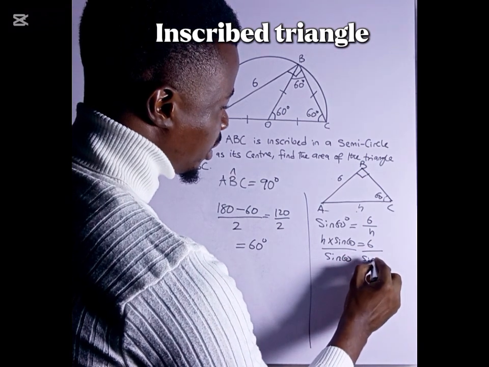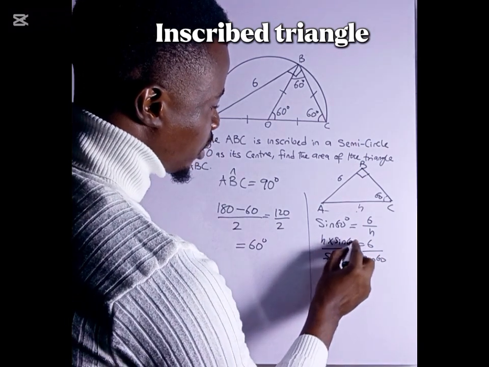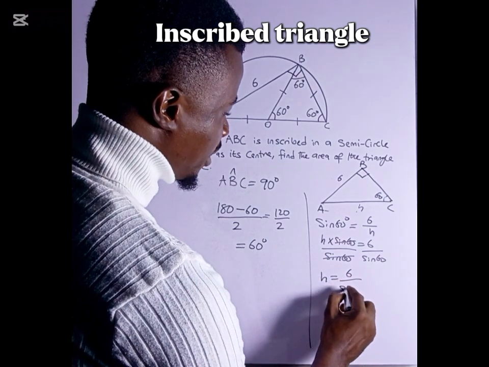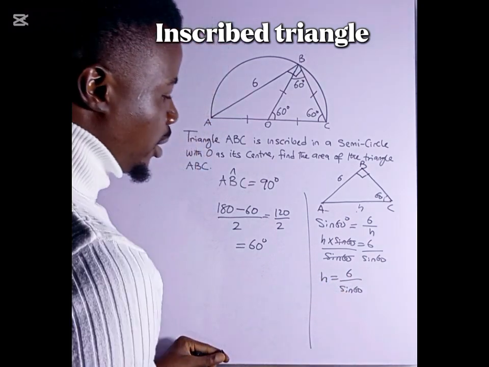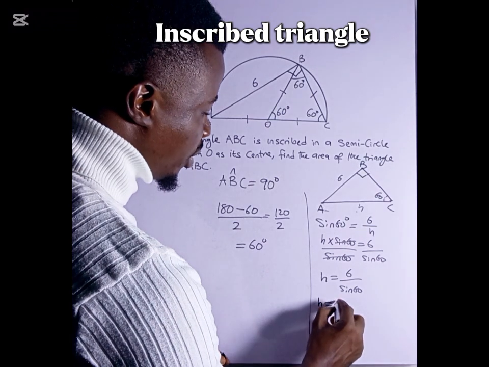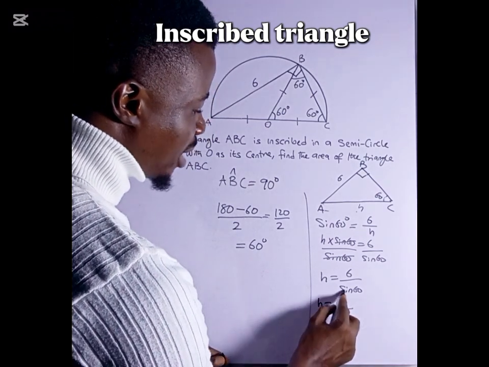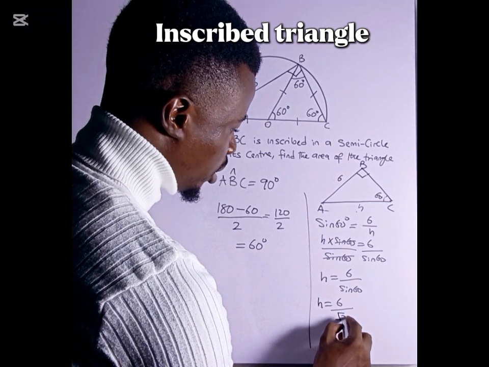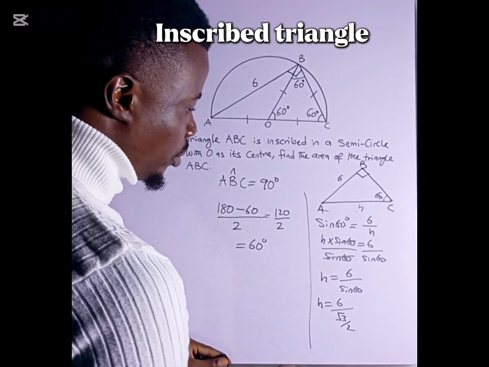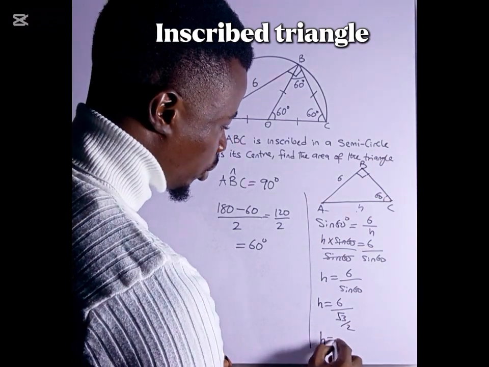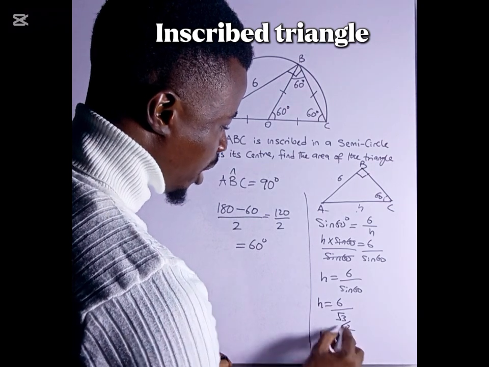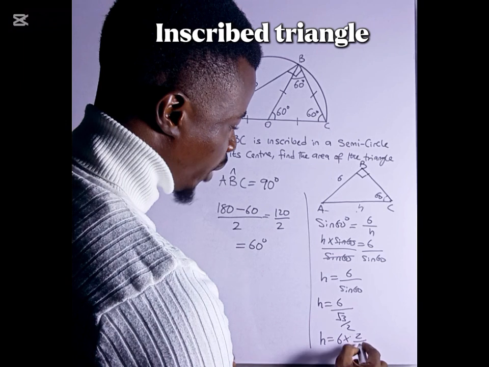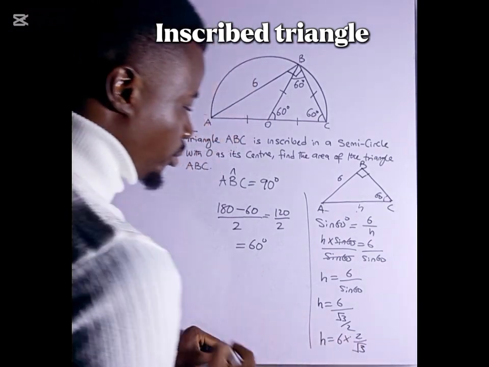Then I divide both sides by sine 60. Divide through by sine 60. Then I cancel out. So my H is equal to what? 6 over sine 60. Now, my H is equal to 6 divided by sine 60, in short form given by what? Root 3 over 2. So my H is equal to what? 6 times, now since I'm multiplying, I can invert the fraction, 2 over root 3.